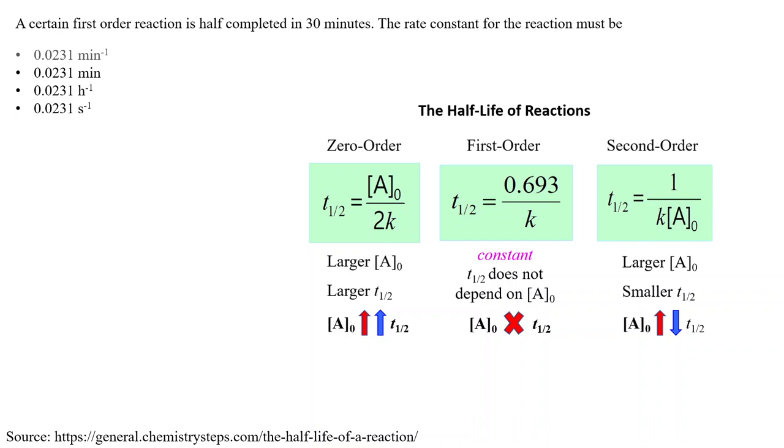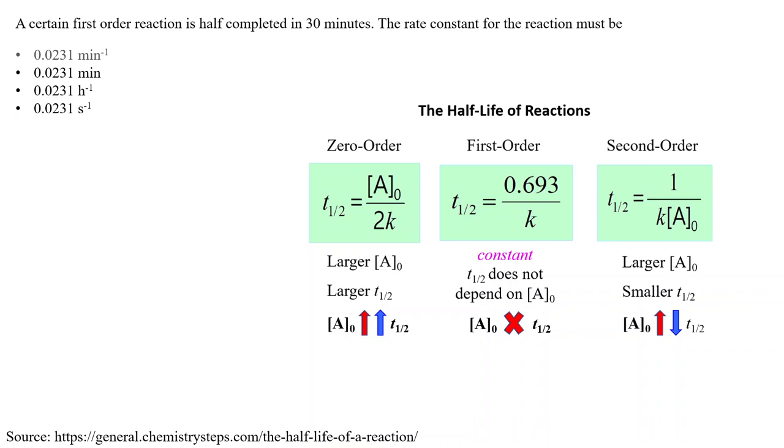As I said in the previous one also, sometimes 100% conversion of reactant to product is not possible in most reactions. So when you have a set amount of reactant present and it is consumed exactly 50%, the amount of time it took to consume this 50% of the reactant gives you the half-life of a reaction.